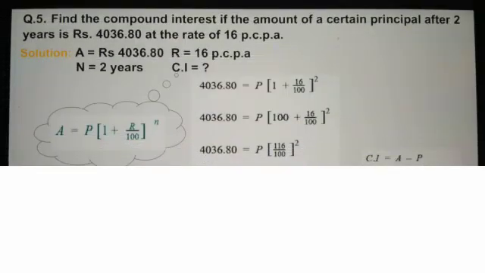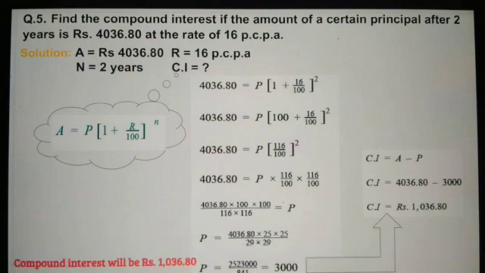Fifth sum. Find the compound interest if the amount of a certain principal after 2 years is rupees 4,036.80 at the rate of 16% per annum. Children, here you have to find out compound interest. And what is the formula for compound interest? Amount minus principal. And they have not given you the principal.